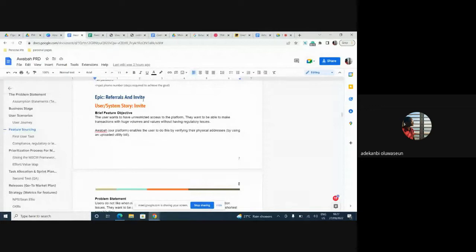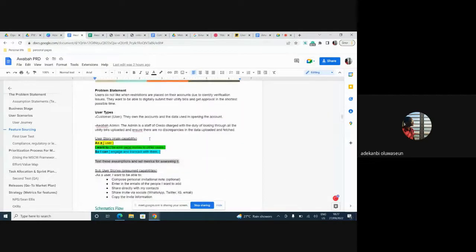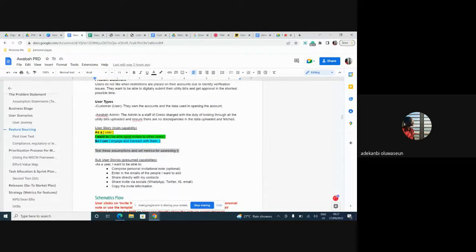Absolutely. There has to be an assumption statement, because what the user story is telling you is a question of function and capability. And I'll show you an example. What you're seeing here, this part I've highlighted: As a user, I want to be able to send invites to other users so that I can engage and transact with them.